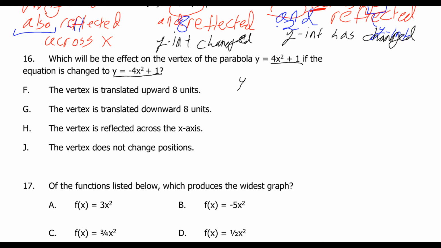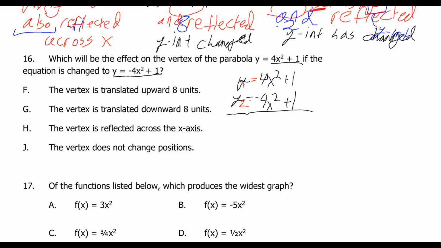I'm just going to say y1 equals 4x squared plus 1. All that is just me identifying which one is which. And then we got y2 equals negative 4x squared plus 1.